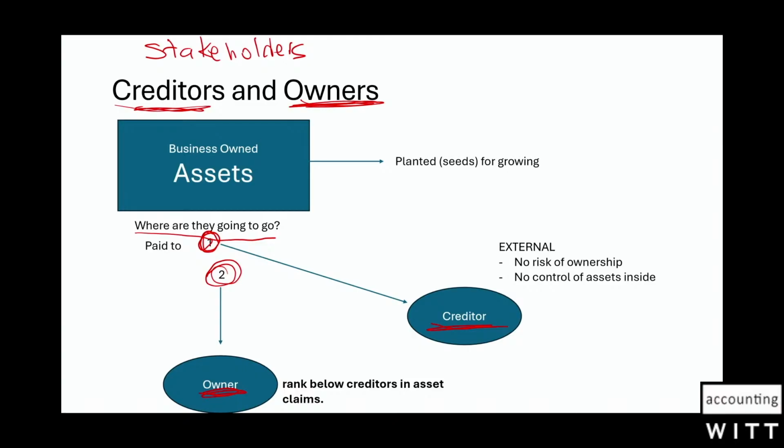There's an amount that they're owed, and that's all they get. The way that's said a lot of times is limited upside. Another thing to say is a creditor has no control of the assets.